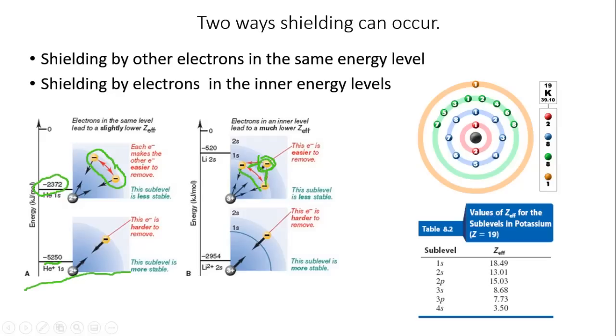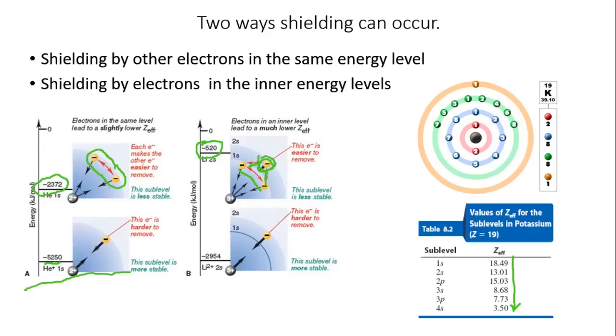That means there's less attraction between that outer electron and the nucleus. So that's why a very low amount of energy is needed to remove it. If we look at potassium here on the right-hand side, as you go to higher energy levels, the electrons feel less and less effective nuclear charge. And that's why it's easier to remove an electron from an outer energy level, because it has less of the effective nuclear charge.